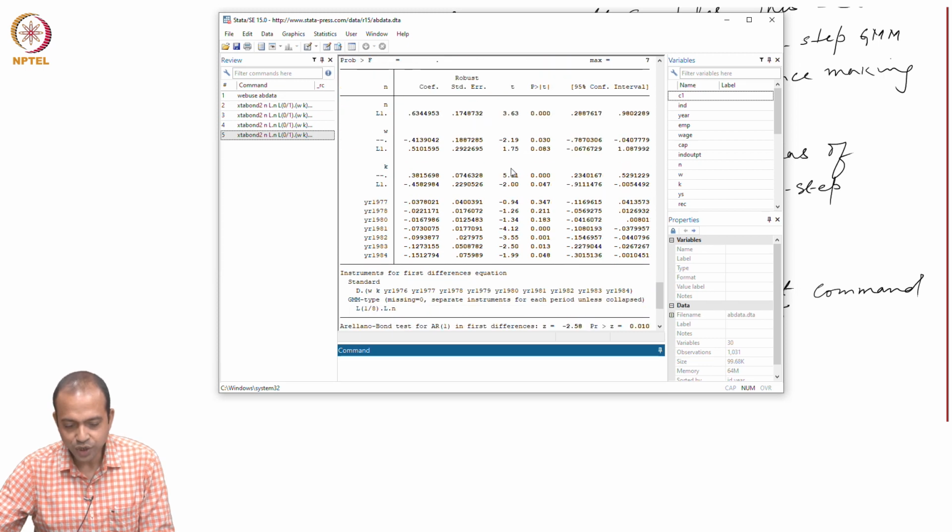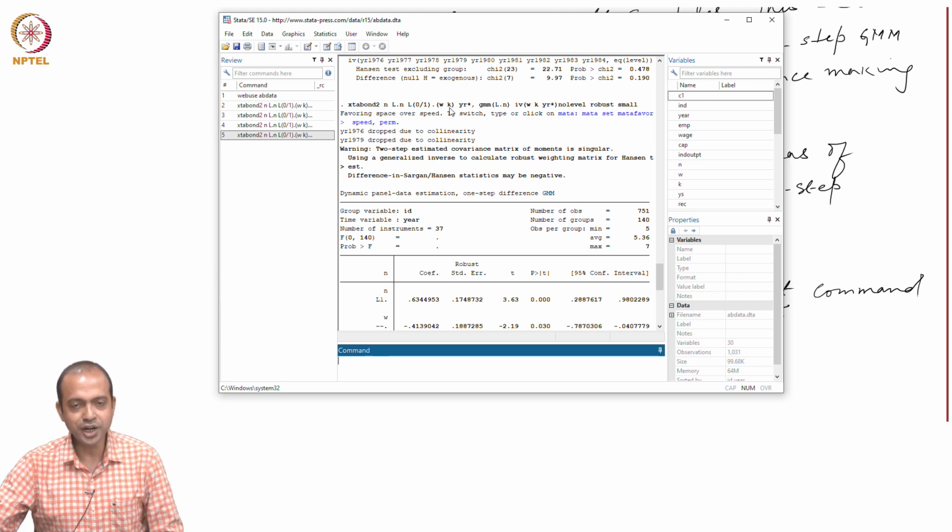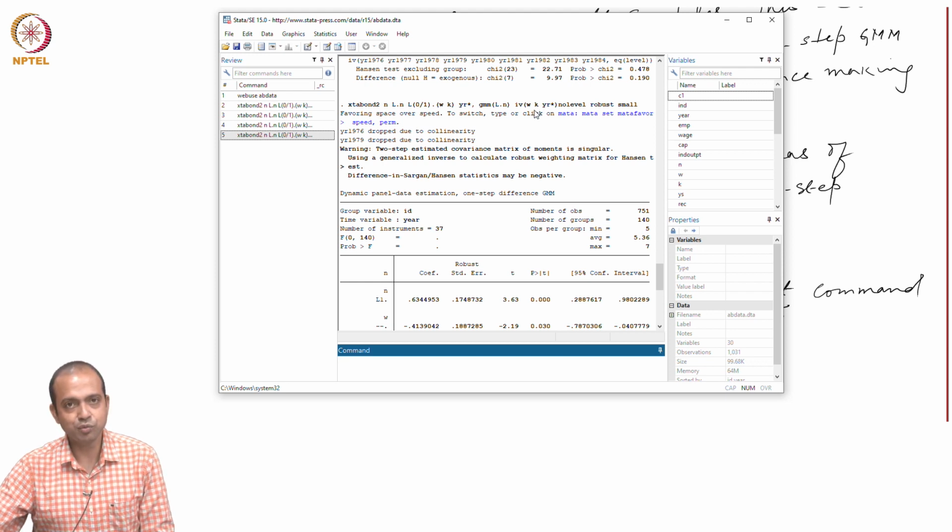Firstly, what we are doing here in the specification, you see I have considered only one period lag of that employment variable as endogenous. I have not considered second or third order lags. Here also for W and K, I have considered one period lag, and I have not considered industrial output as a proxy for demand. Here in the IV accordingly, I have not considered WL1, WL2, KL1, KL2 and all those as instruments.